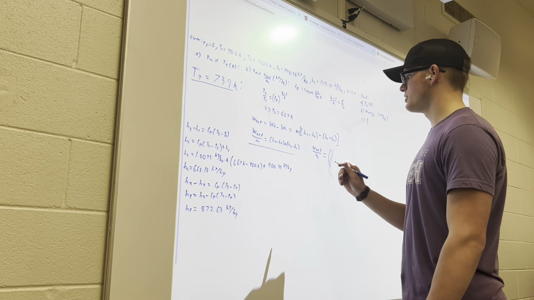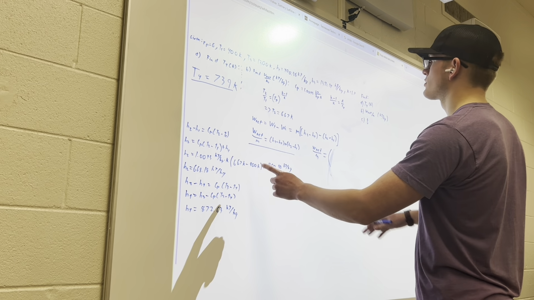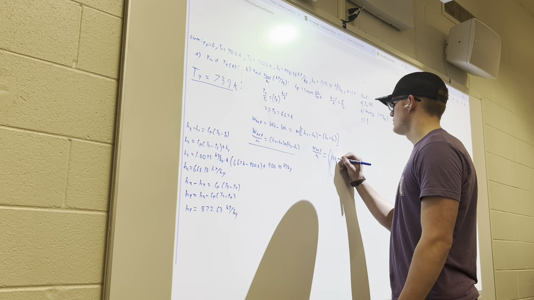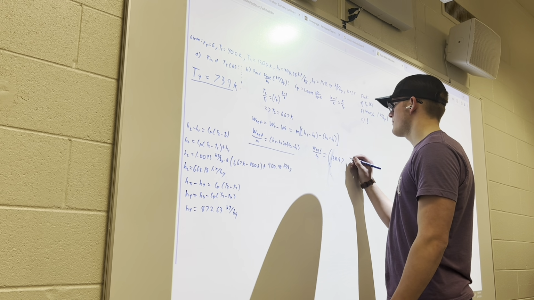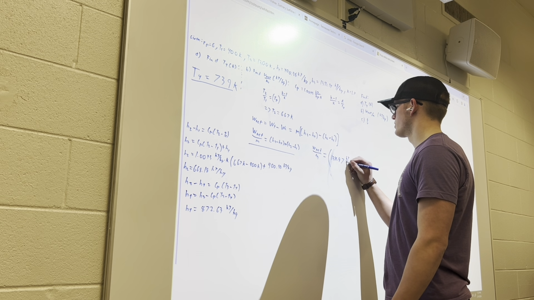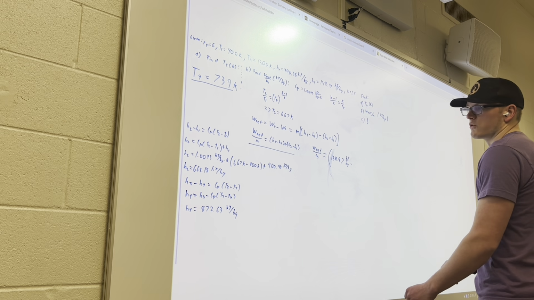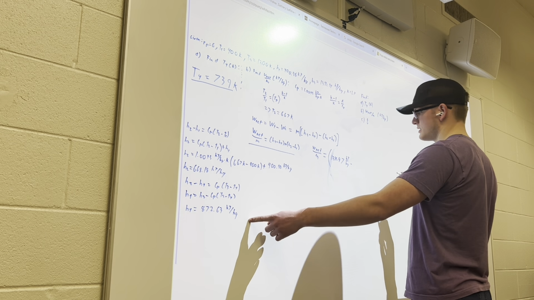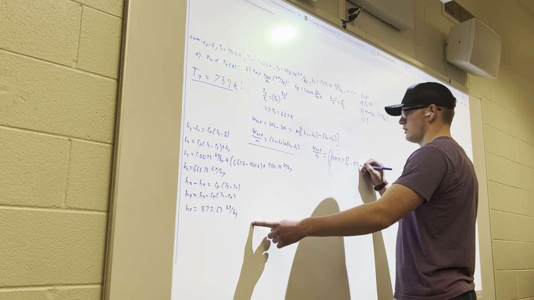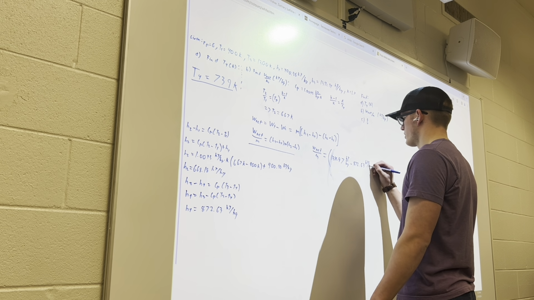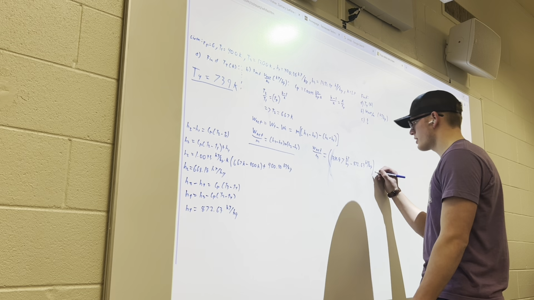It's going to be equal to our H3, 1395.97 kilojoules per kilogram, minus our H4, which we found over here as 872.63 kilojoules per kilogram. Don't forget your parentheses.